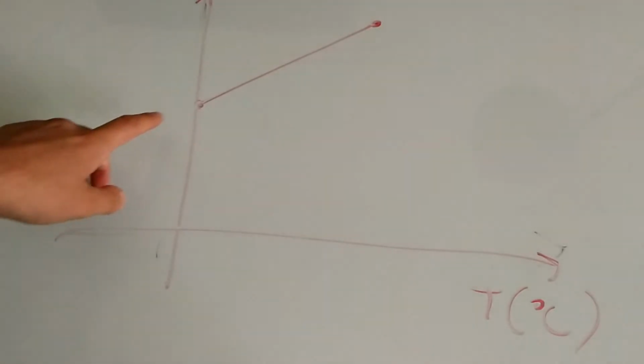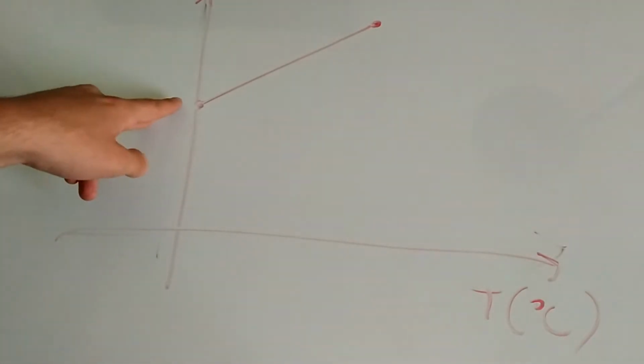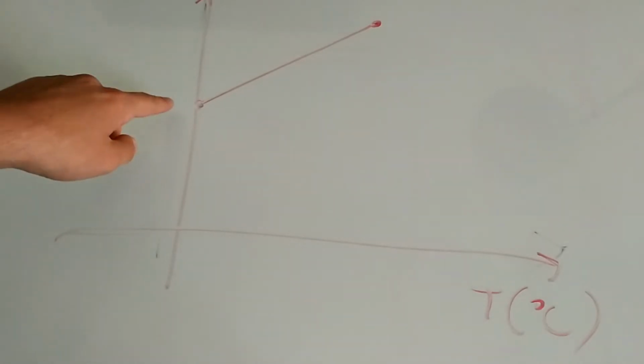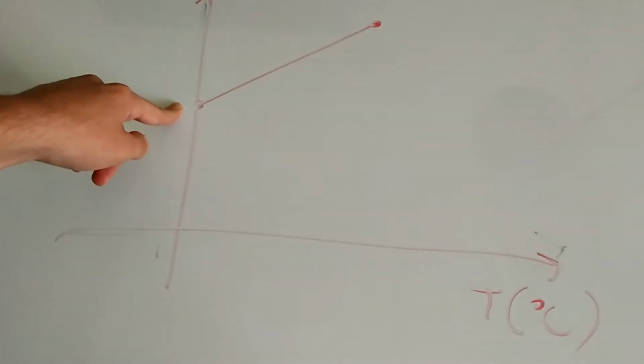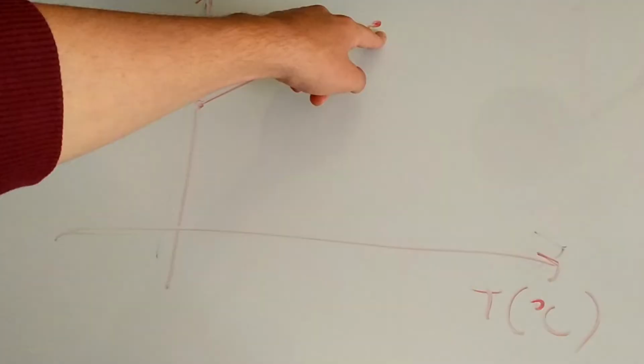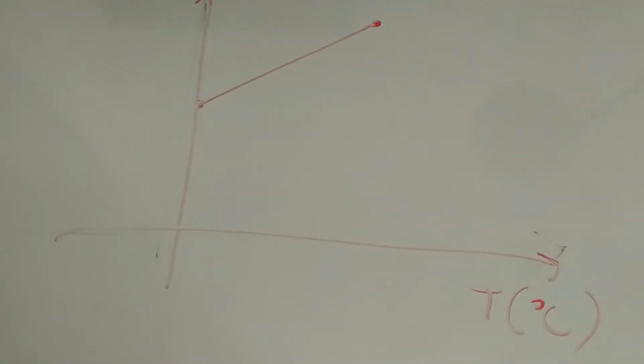Here at this point on the y-intercept, the temperature is 0 and we have the pressure at which the gas was when we filled the container with ice water. And here at this point the temperature is 100 degrees Celsius, and this is the pressure of the gas at 100 degrees Celsius.